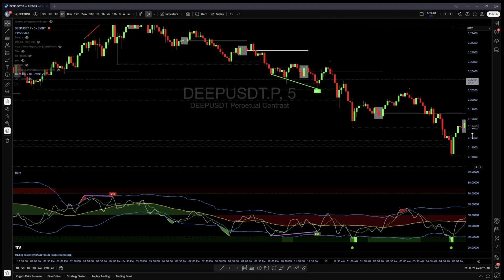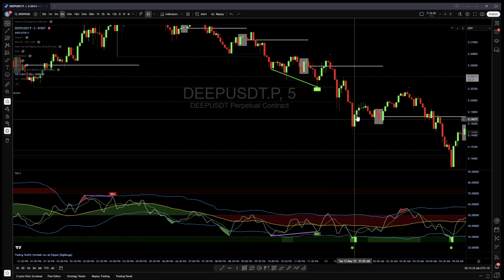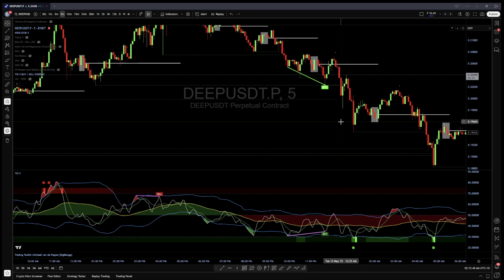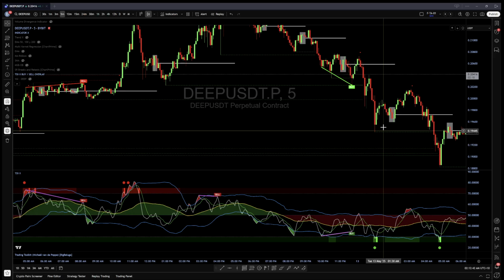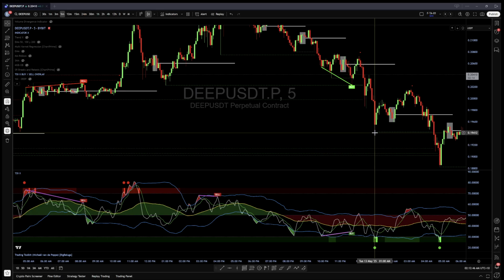I know that usually after one of these bigger candles going down or up, there's going to be a bounce. When you see a big quick move like that, it almost always hits something and something stops it.